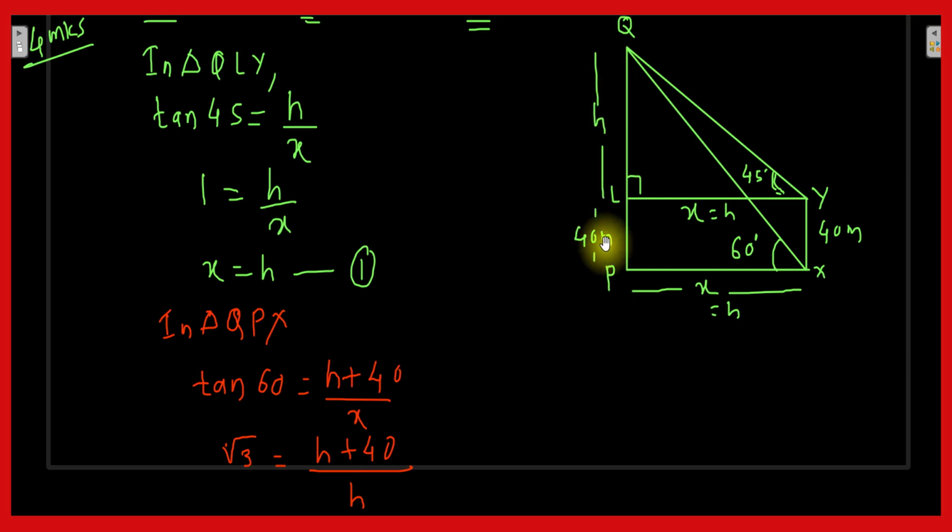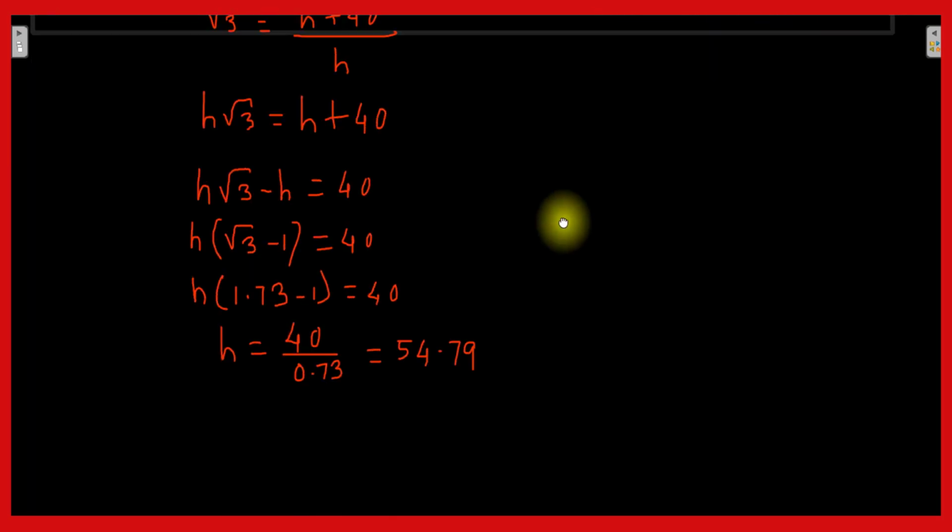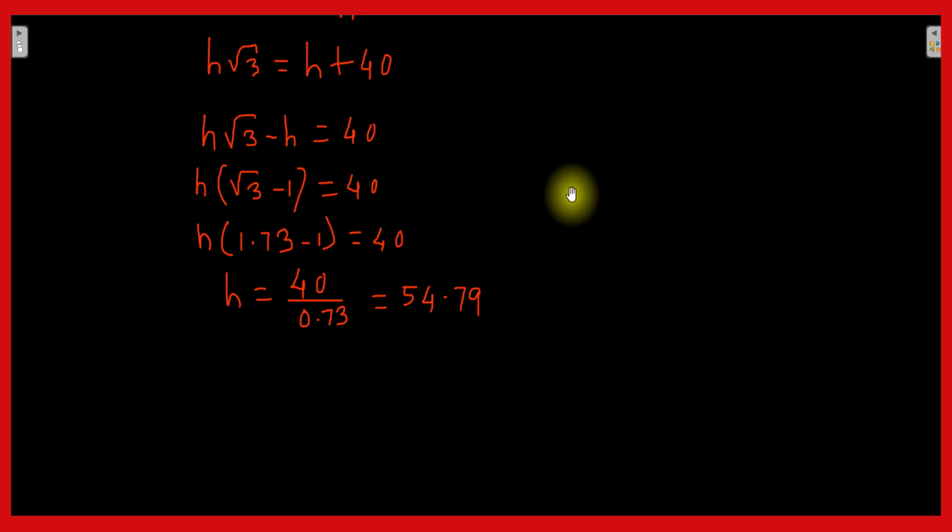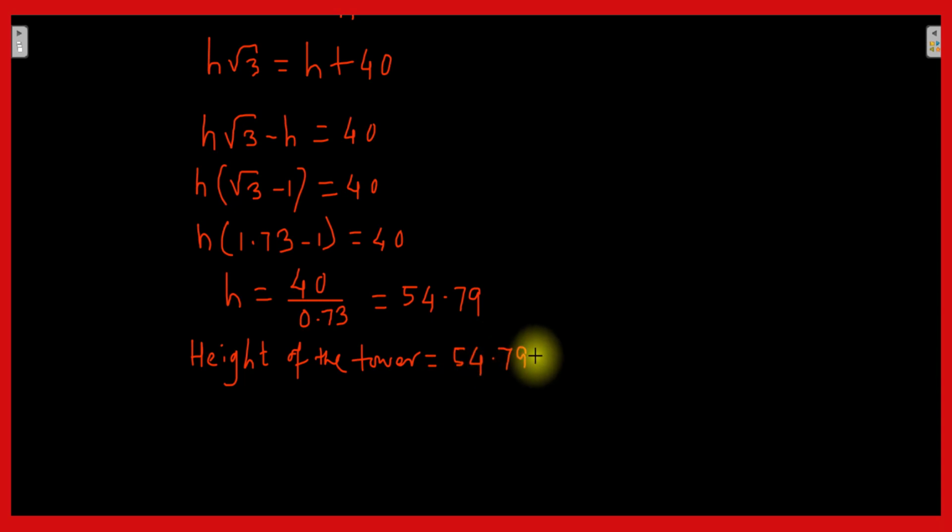And since we have got H is equal to 54.79, we have to find this height PQ. So it is what? H plus 40. So H plus 40, that will be the height of the tower, and therefore height of the tower is equal to 54.79 plus 40.